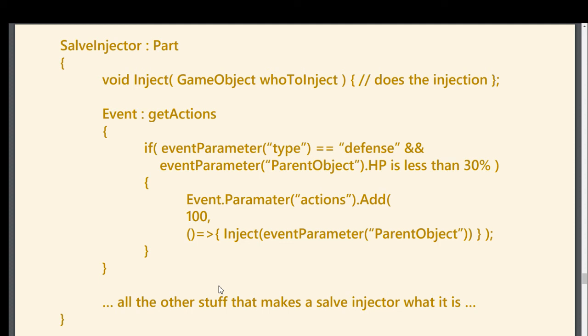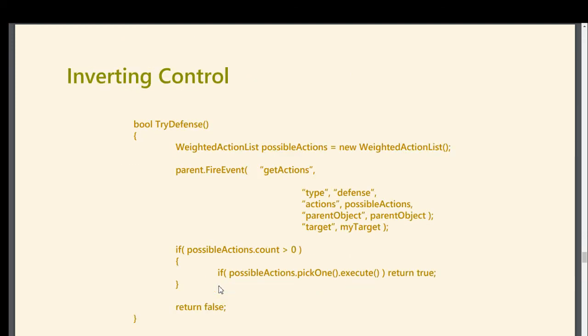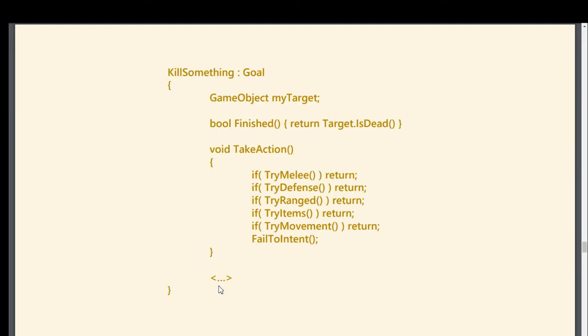Hi, you have a very specific, specifically ordered list of things to try: melee, defense, ranged, items, movement. Have you found any issues with that order, or cases in which you needed items to be activated on melee or whatever? There have been 1 or 2 cases where that's true, and what I've done is simply have those items unnaturally respond to a melee event.